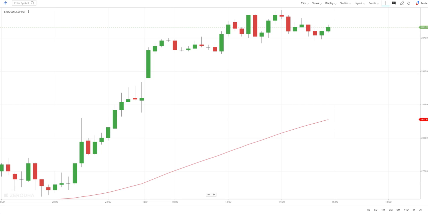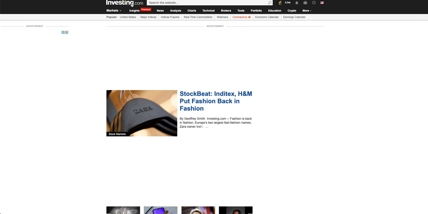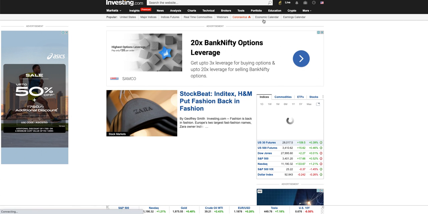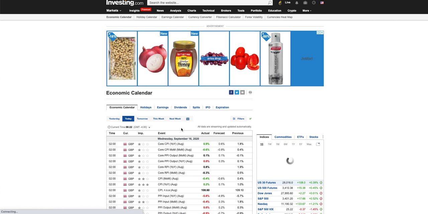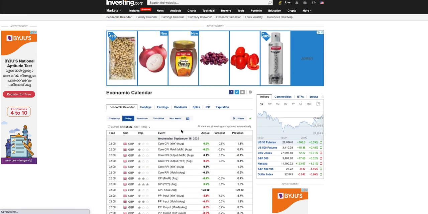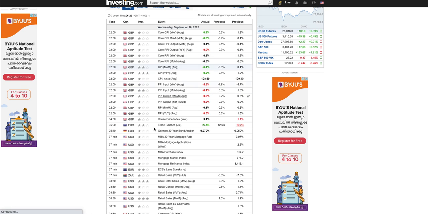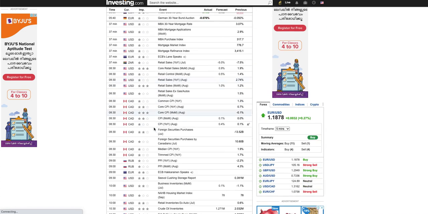Now, I'll show you one other very interesting aspect of investing.com. If you go to investing.com, just click on home. There is a portion called economic calendar. When we are in the economic calendar, you get to see a lot of factors happening around the world, a lot of important updates that are to come in the international markets.